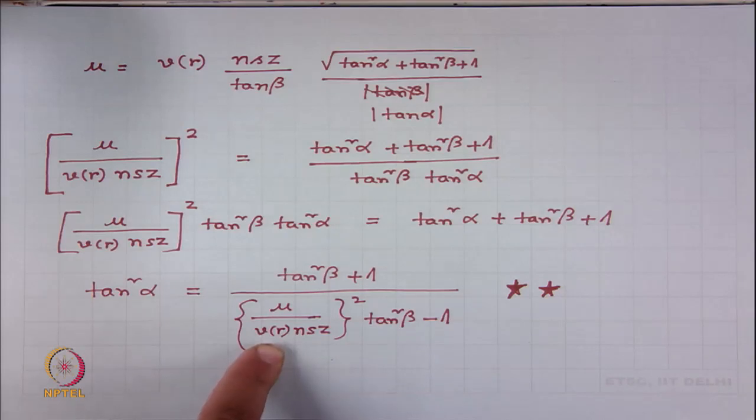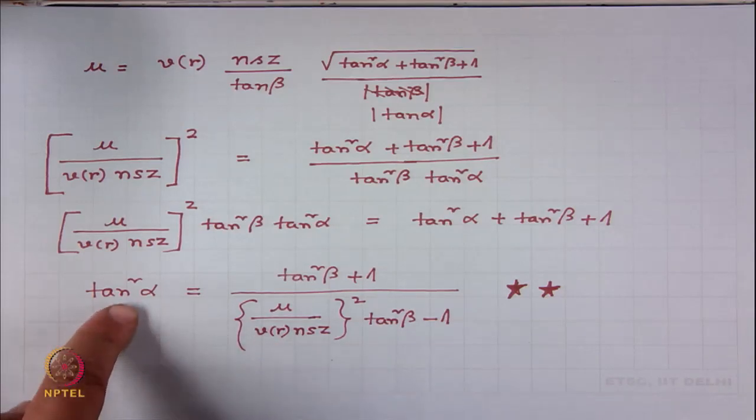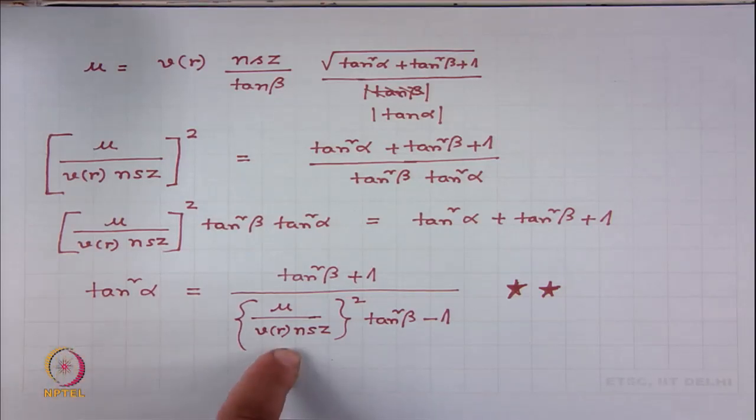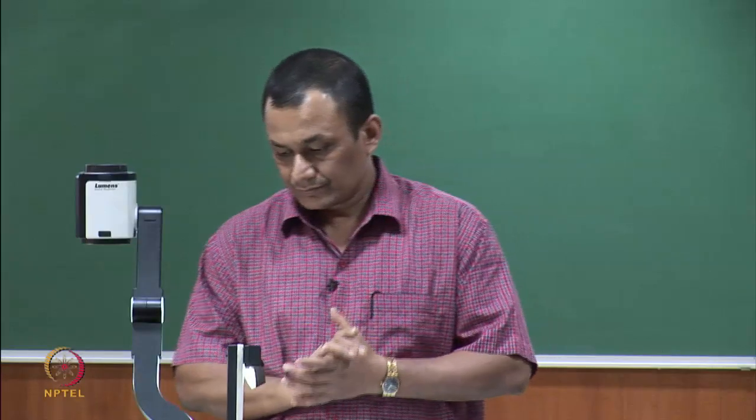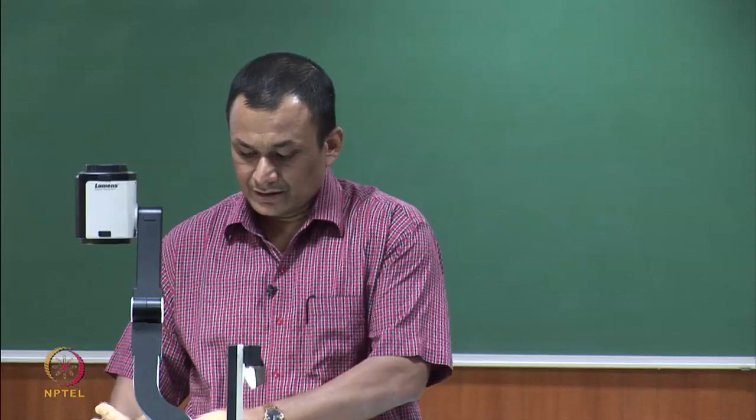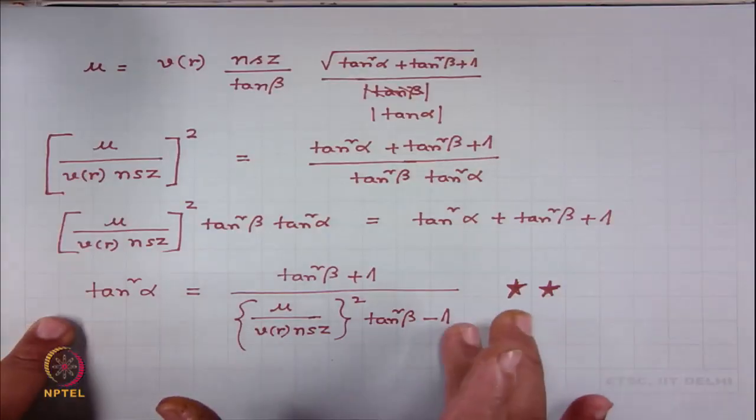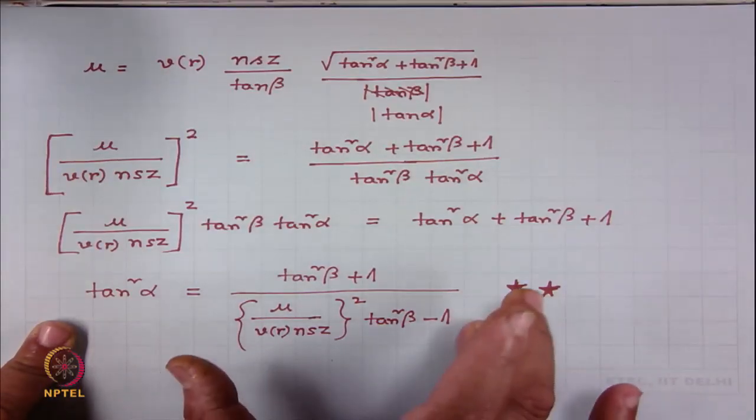So, tan alpha, radial migration, is a function of radius, it must be, that is why it is called radial migration, right. Now, this is the very important equation for radial migration of fibers.